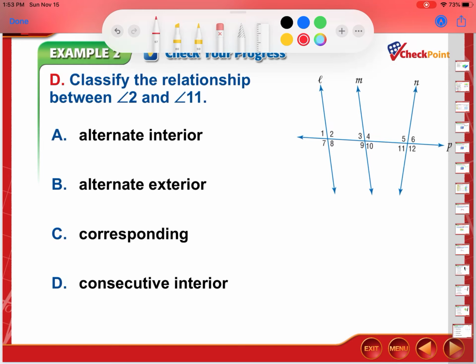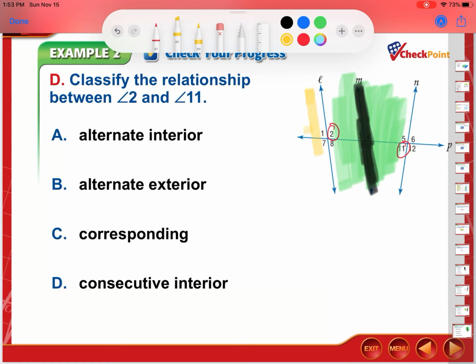Classify the relationship between angle 2 and angle 11. Okay, so this one's a little bit trickier because on this one, the middle line is the one that we can cut out. But once again, I'm just going to black that out because it's information we do not need, which leaves us with all this bit is the interior, and this bit out here is the exterior.